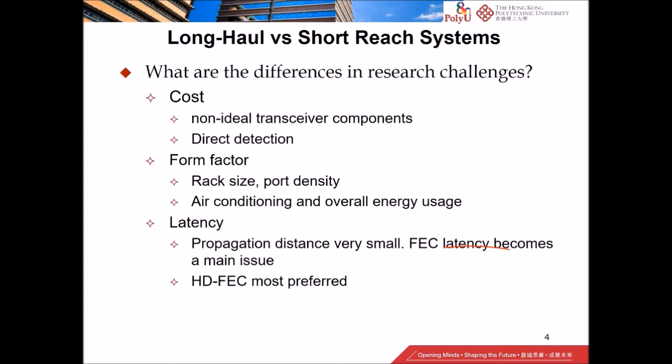So in that sense, for short-reach systems, I think the consensus is that you will only allow hard decision FEC or some other very interesting and innovative new ideas on low latency codes, such as staircase codes and other new ideas that have been proposed in the recent few years.